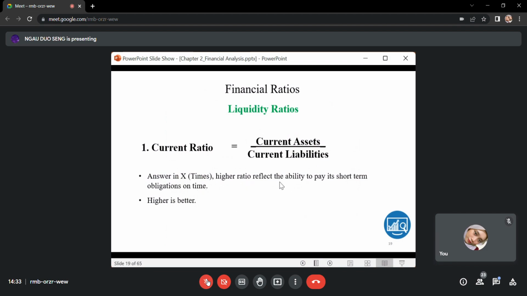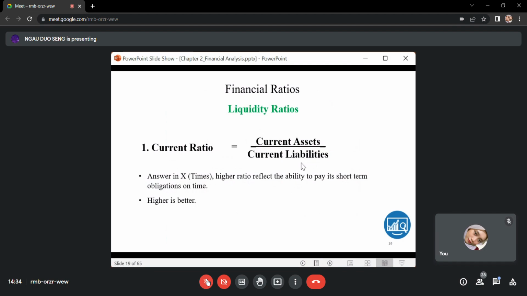Higher ratio reflects the ability to pay short-term obligation on time. So higher is better. So kalau you dapat answer dua, maksud dia, dia ada dua current asset untuk bayar satu current liabilities. Meaning they have more current asset than the current liability. Then this one is good lah, meaning company is able to pay.